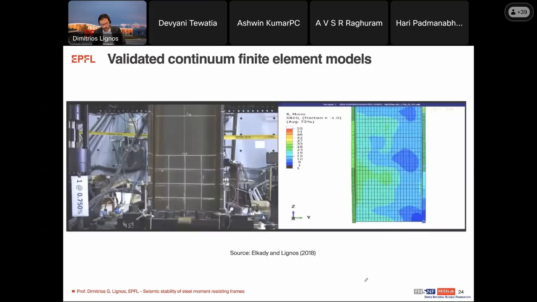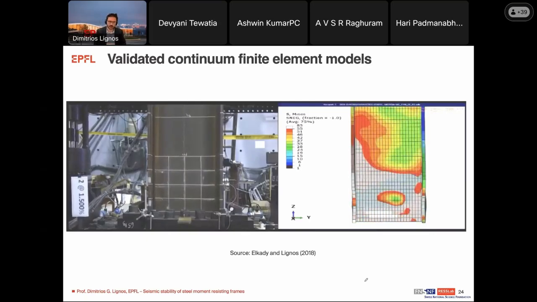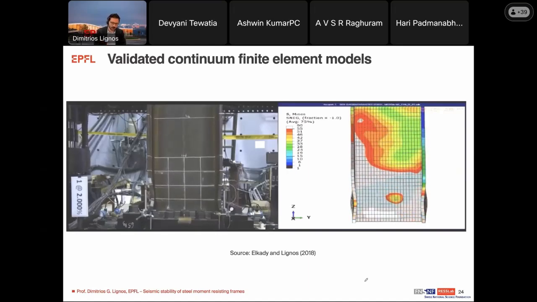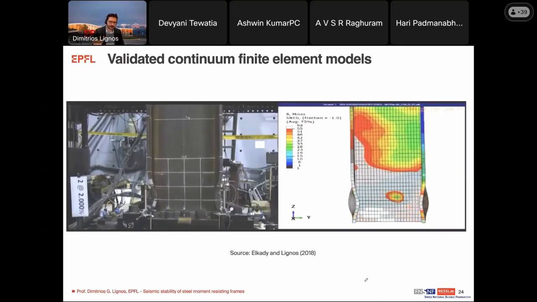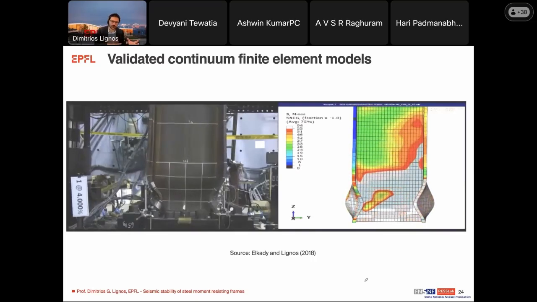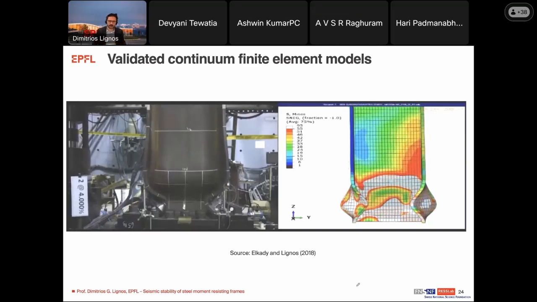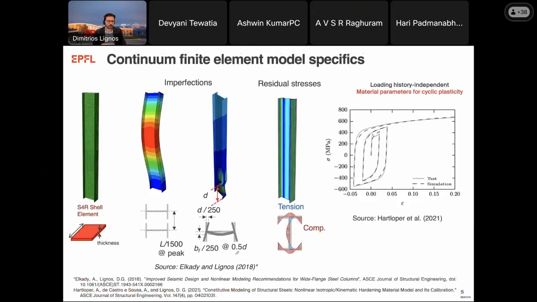So to further study this problem, we also conducted the simulation studies that you see here, an example where we used validated continuum finite element models, and we used some of the test data I showed earlier to validate these models. These models are validated quite thoroughly. For those of you who may be interested, we are using shell elements, but we have also used solid elements.